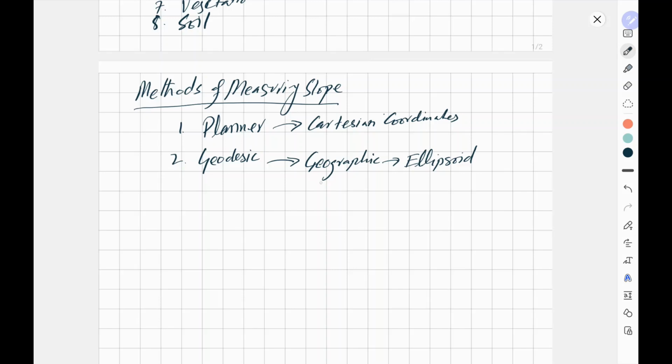In geodetic, we make use of geodetic coordinates, in which we have latitude, longitude, and height, height from mean sea level.